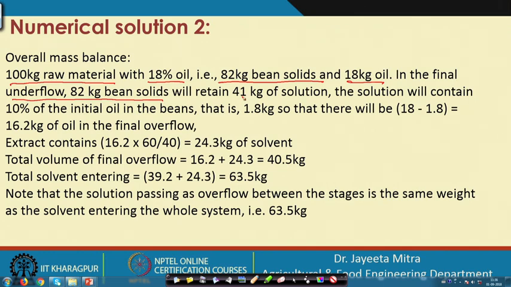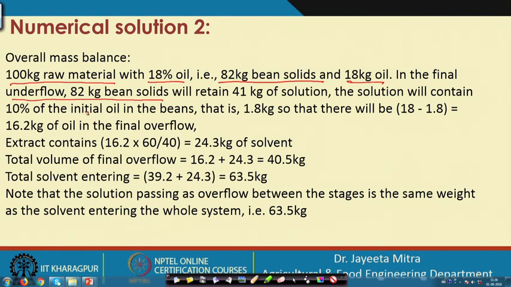Overflow will have the solvent and the solute in it, and the underflow will have all the solid slurry material and some solvent, and that solvent will have some solute, and the concentration or chemical potential of the solute in that underflow stream and the overflow, if these two are equal, then only the equilibrium condition arises.